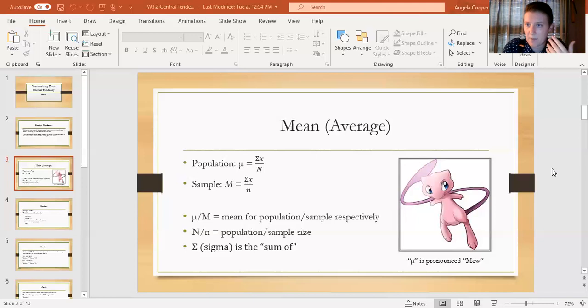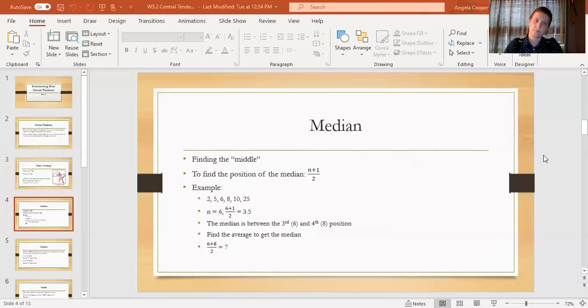Either way, it represents the sample mean, and that is equal to the sum of all the data points divided by the sample size, so it's a lowercase n. These are all things that you are probably familiar with. We've calculated average before, just sometime across the course of our academic careers.